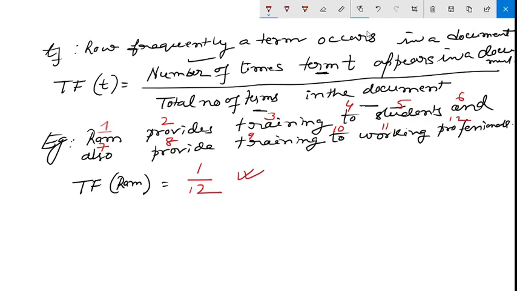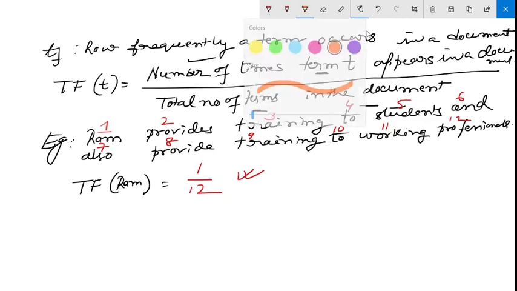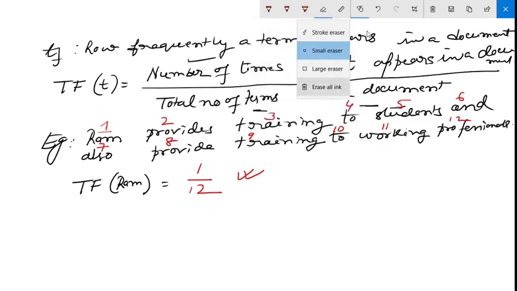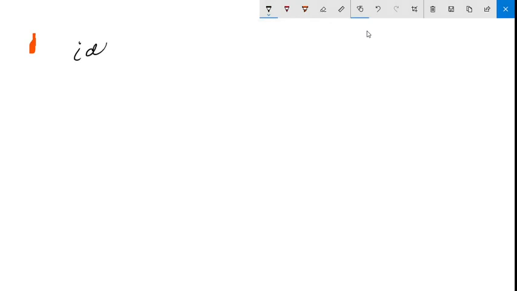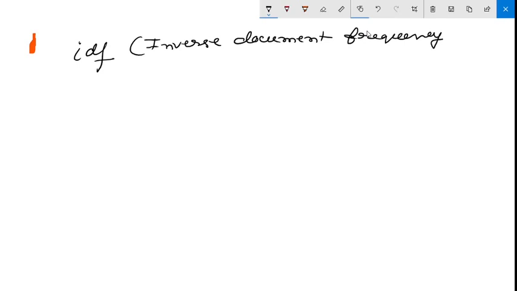Now let us go to the inverse document frequency. All of you have noted down, right? Now IDF is nothing but inverse document frequency, which is the weight of the rare words.